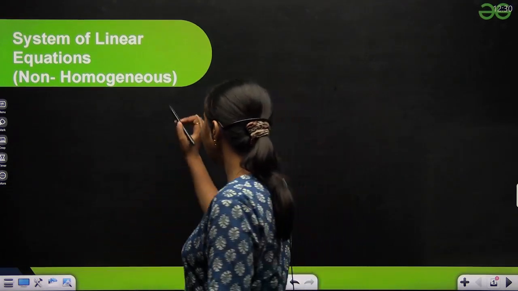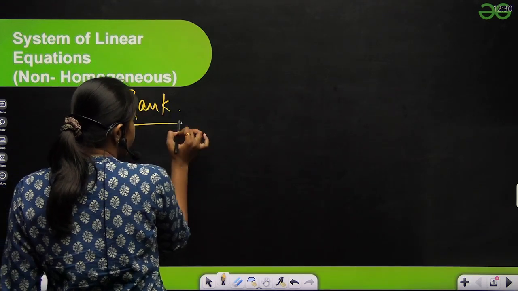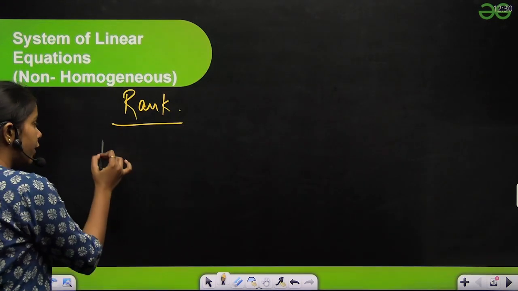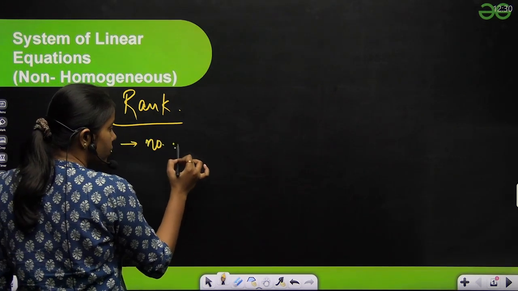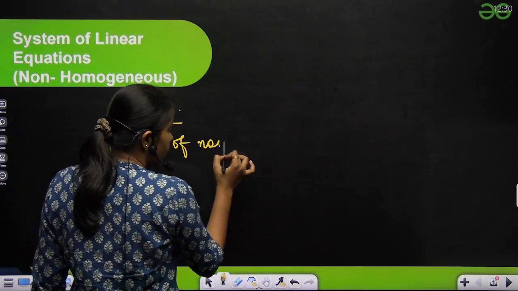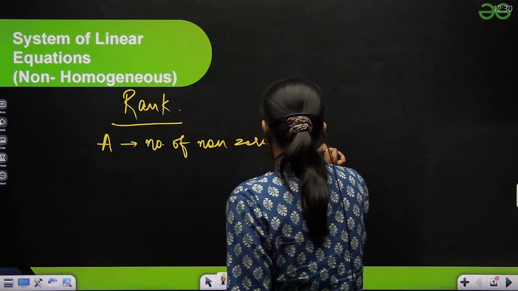So what is a rank? Basically, if I talk about the rank of a matrix, we have discussed that if we have a matrix A, the rank is the number of non-zero rows in a row reduced echelon form.